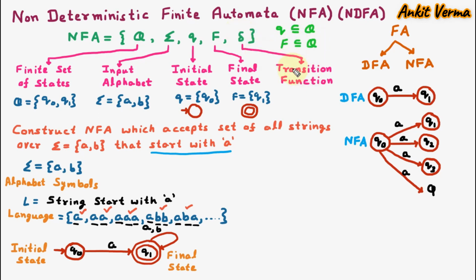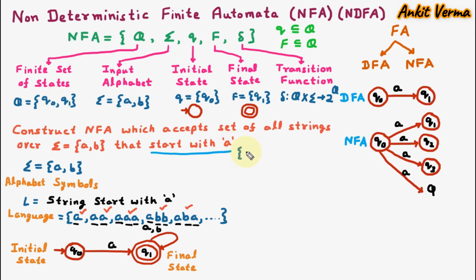The next element is transition function, and the transition function signify if we are on some state and some input is coming, what should be the next state. So here the transition function, we are representing the states which are Q cross the input which is represented by the alphabet. So we are going to the states, and those states can be 2 raised to the power Q. So first of all I am taking the Q, which is set of states.